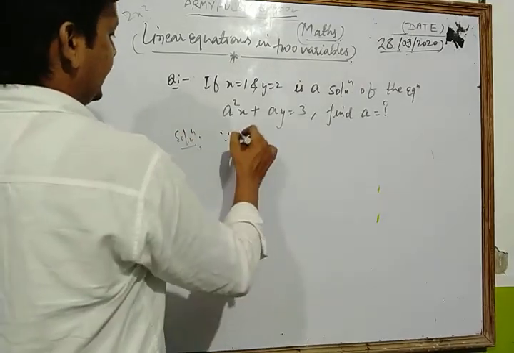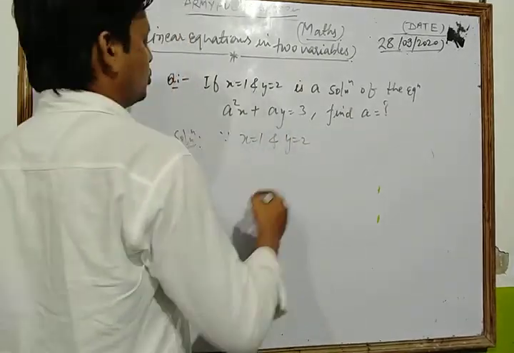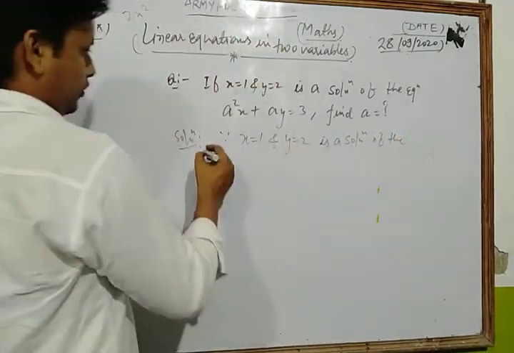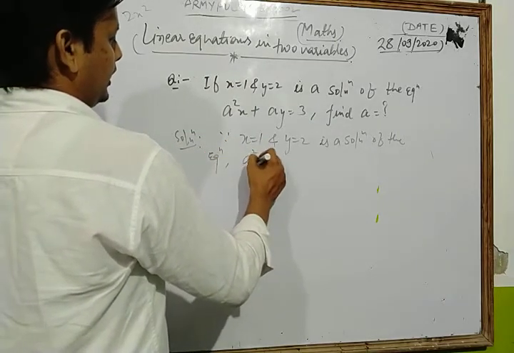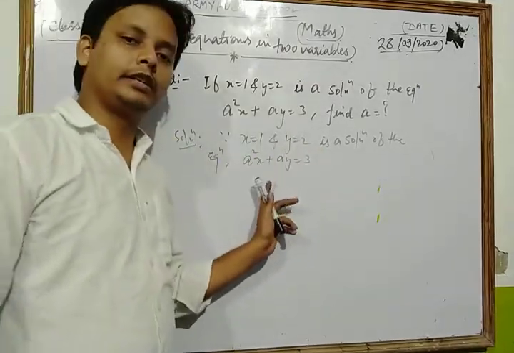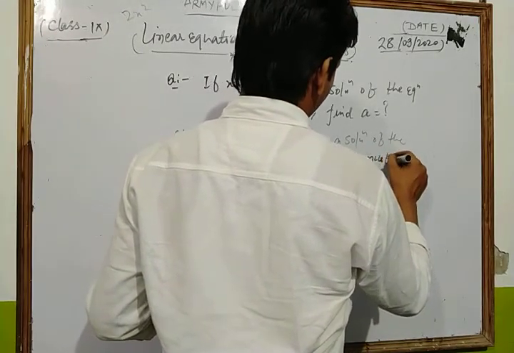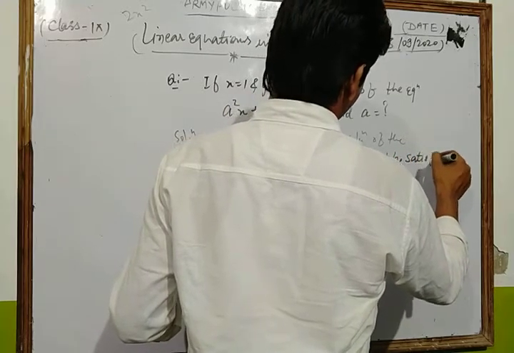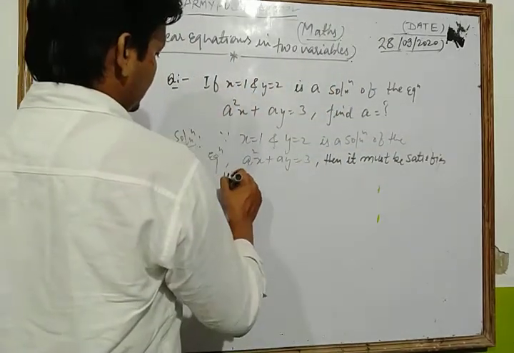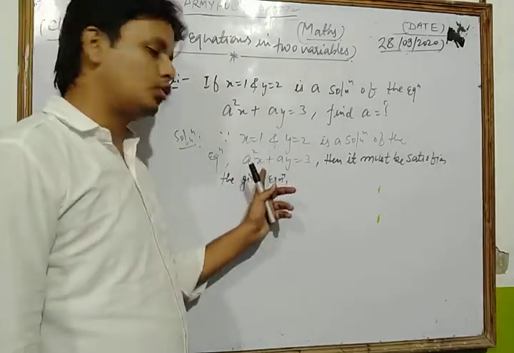Since x is equal to 1 and y is equal to 2 is a solution of the equation a square x plus ay is equal to 3, then it must satisfy the given equation, right?